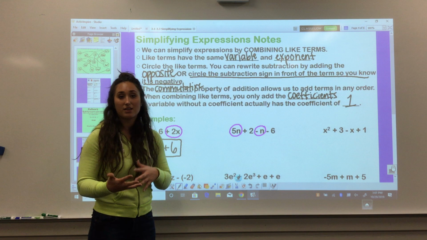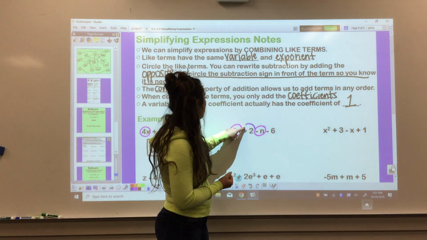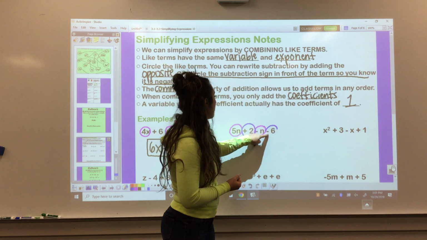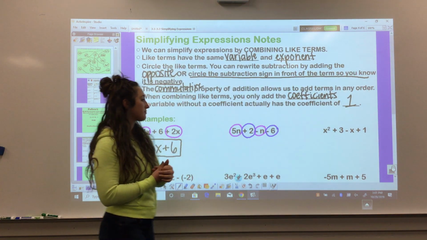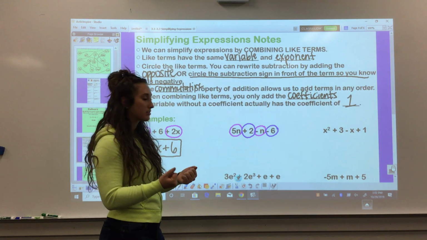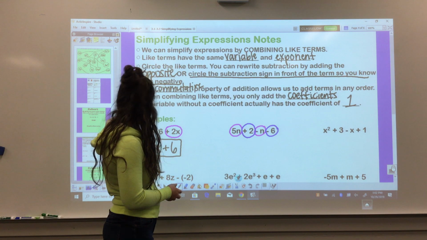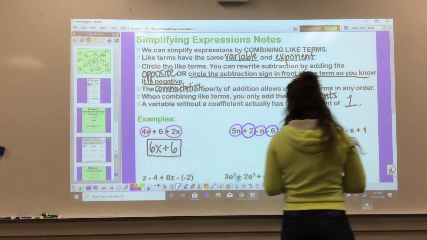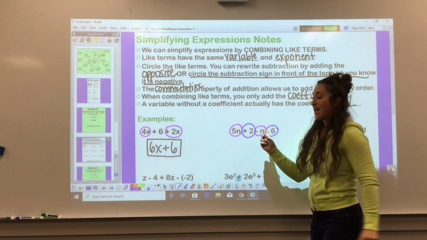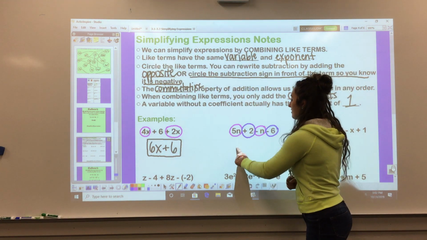but there's also another set of like terms, so grab a different color and you can circle the plus 2 and the minus 6, because those are also like, they're just constants, they're just the numbers by themselves, so those are alike. And now let's combine those. 5n and negative n is 4n.